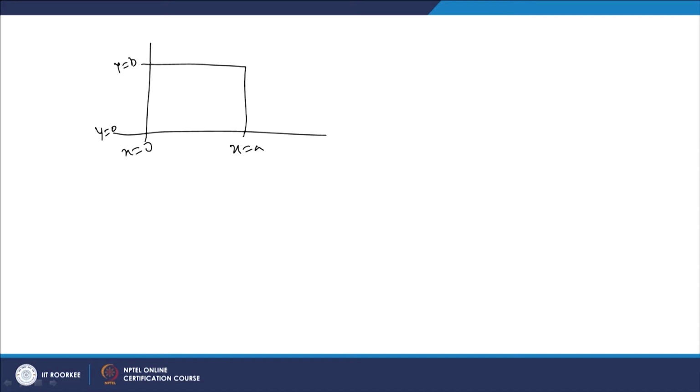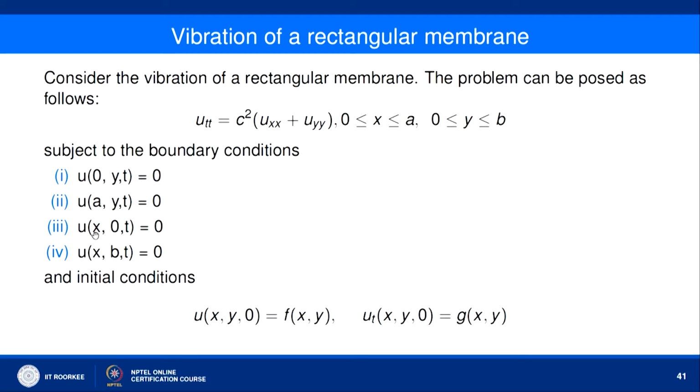Here we assume that the solution on the boundary is basically 0, so the boundary condition comes out to be 0. That is what we have written here, that u of x comma 0 comma t equal to 0, u of x comma b comma t equal to 0.